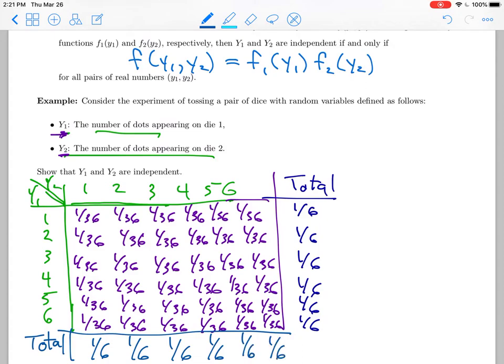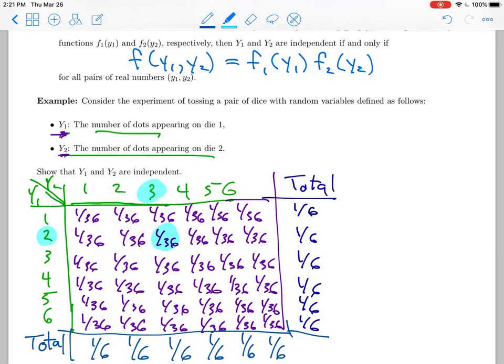So each of those are 1/6, and we notice that any one of these values in here, so let me choose a particular one, like right there, that's the probability of getting a 2 first and then a 3.